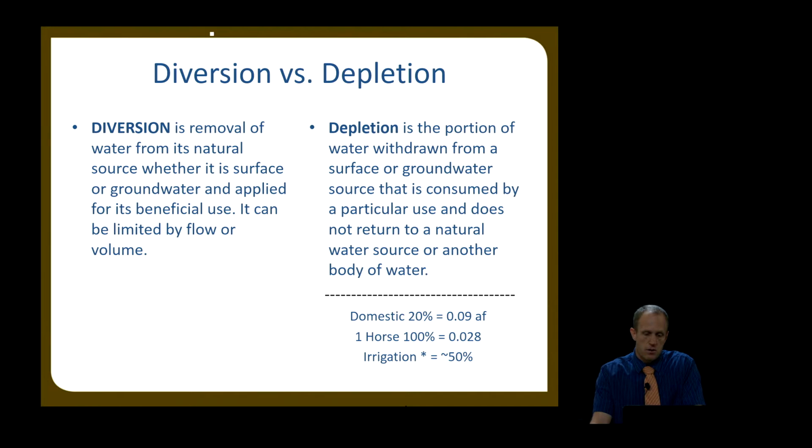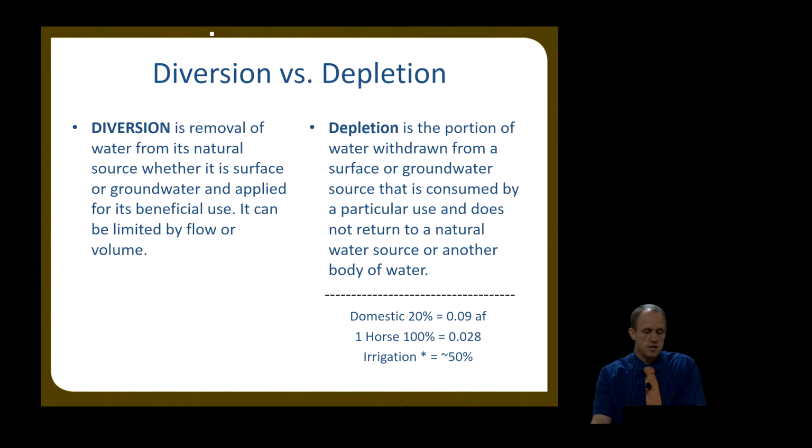And the reason why it's 20% is because we're assuming that the water flows into a septic system after it leaves the house. So some of the water might be lost, that's that 20%, but 80% of the water we're assuming gets back down into the aquifer. For the livestock units, we assume that 100% of the water is diverted and depleted, so the depletion amount is equal to the diversion amount of 0.028 acre feet.